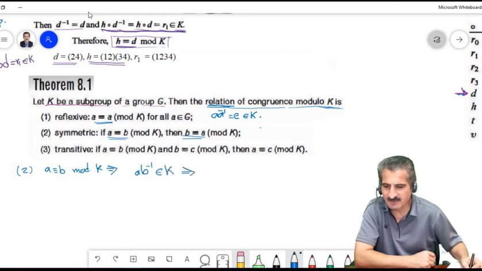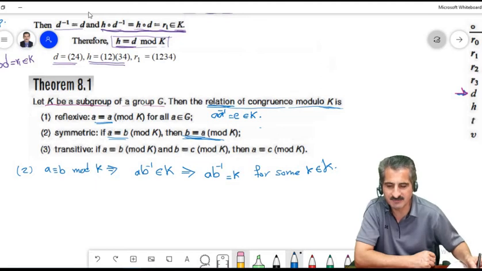And that means A times B inverse equals small k for some small k belonging to the subgroup K. Okay, what do we want here? We want B times A inverse to belong to K.